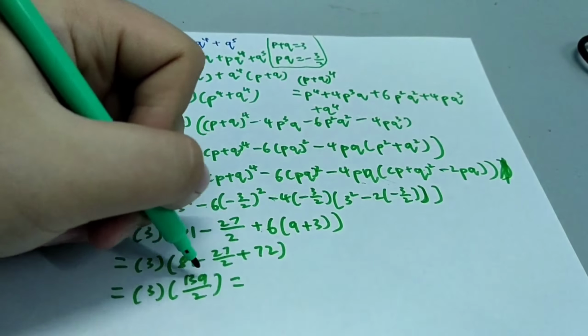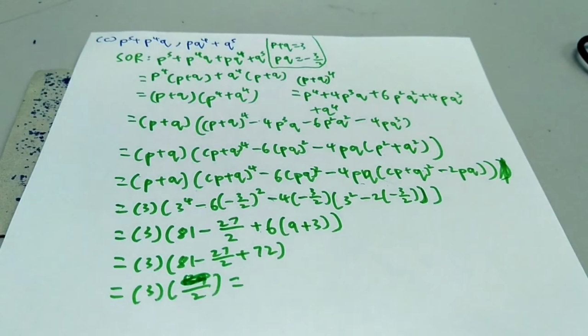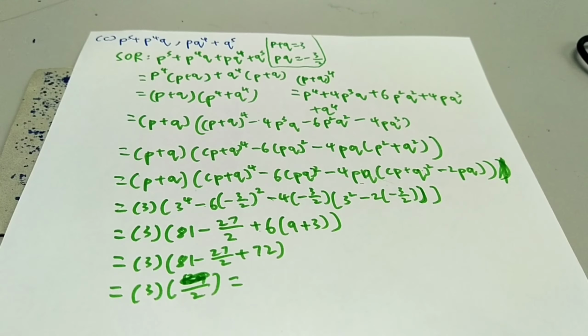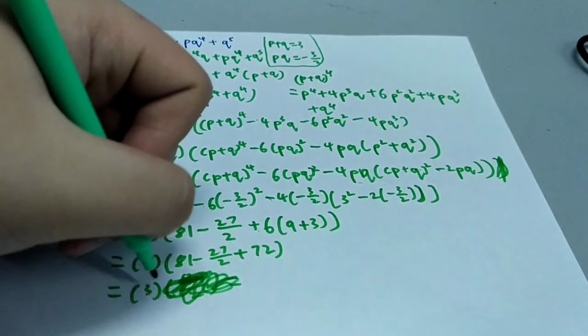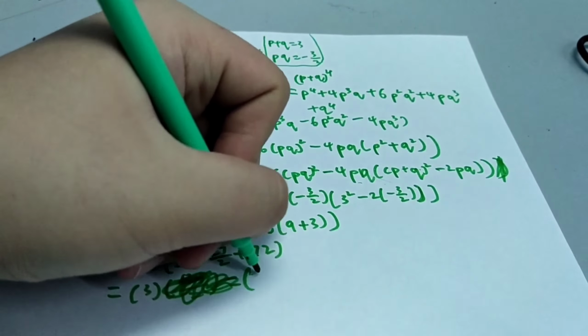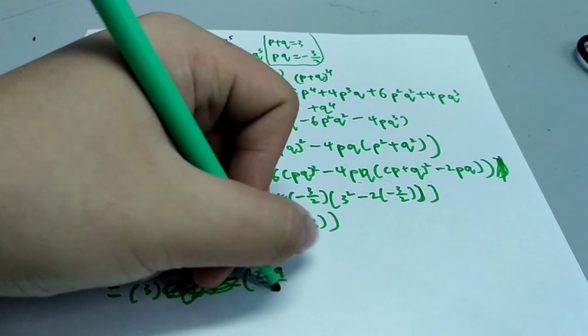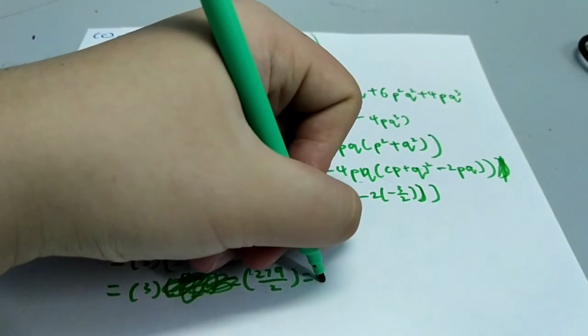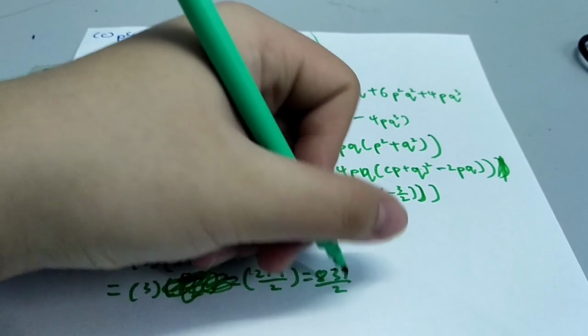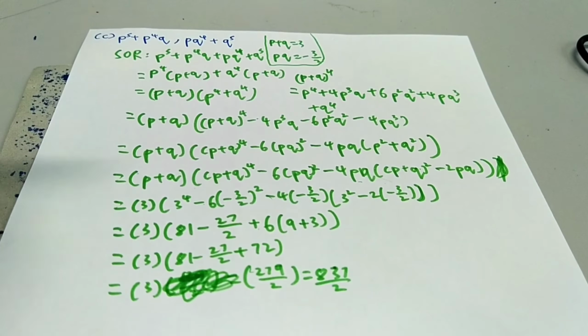So this is not 139, so it should be 3 times 279 over 2, which is equal to 837 over 2. So this is the answer for the sum of roots.